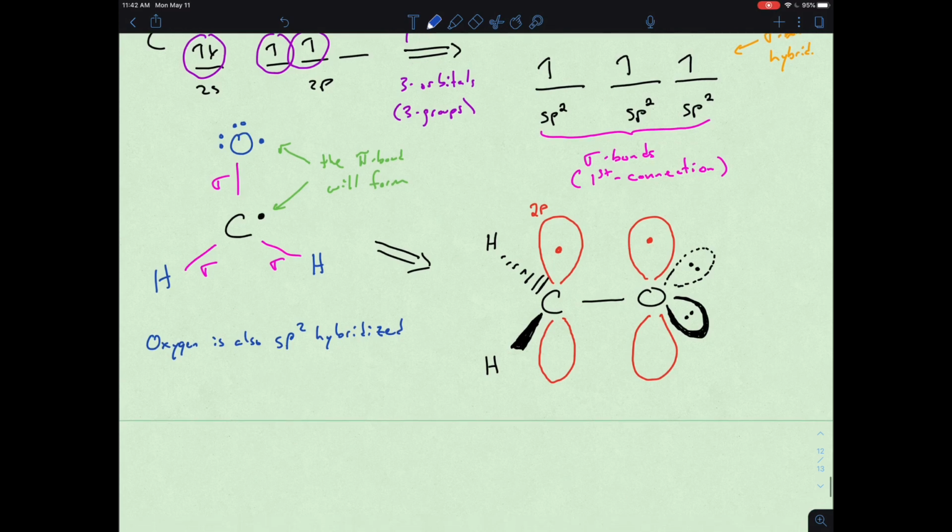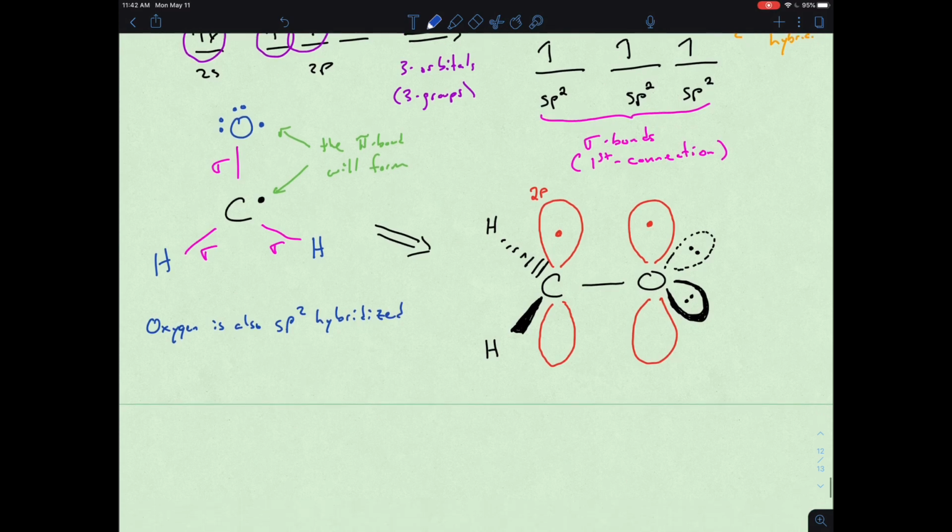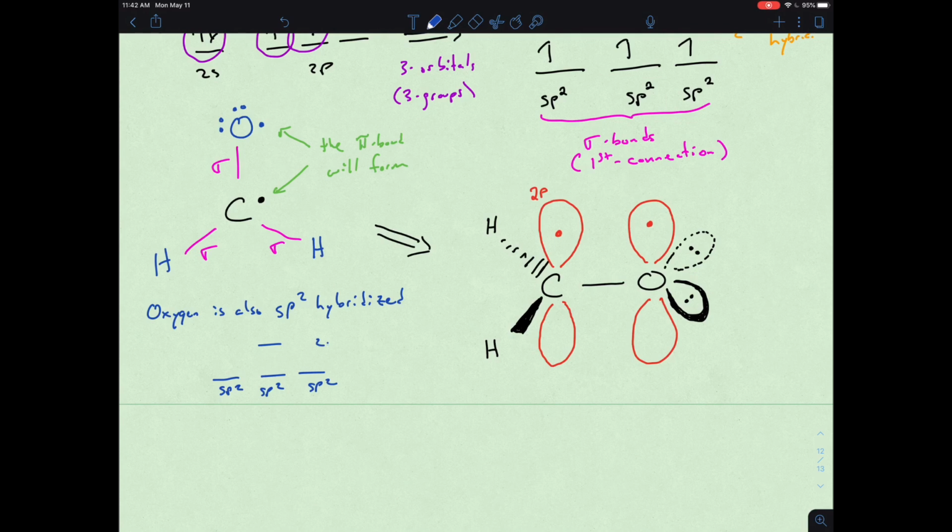And if we were to look at its grouping, we would see something very similar to what we see with the carbon. So that lone pair, right, we have the 2 sets of lone pairs.